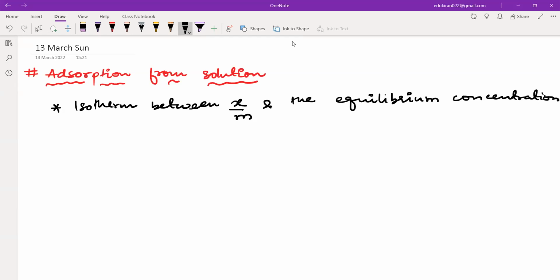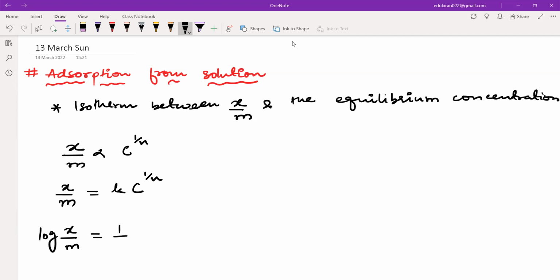Okay, so to make this particular graph, we have x upon m, which will be directly proportional to the concentration to the power 1 by n. Here we will have some k into concentration to the power 1 upon n, as it was for pressure. Okay, if I take log on both sides, then I will have log x upon m equal to 1 upon n log c plus log k.